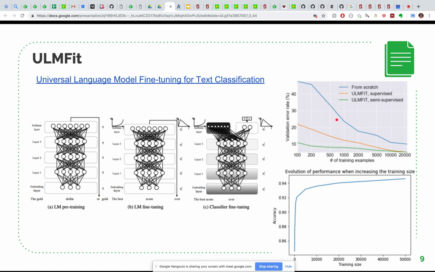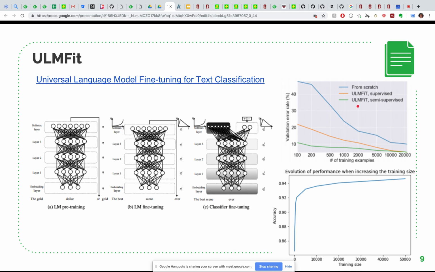On this image, they show the importance of pre-training on the IMDb dataset. The task is to classify movies based on reviews. You can see that if you train the same model from scratch, it will need a lot more training examples to perform well.